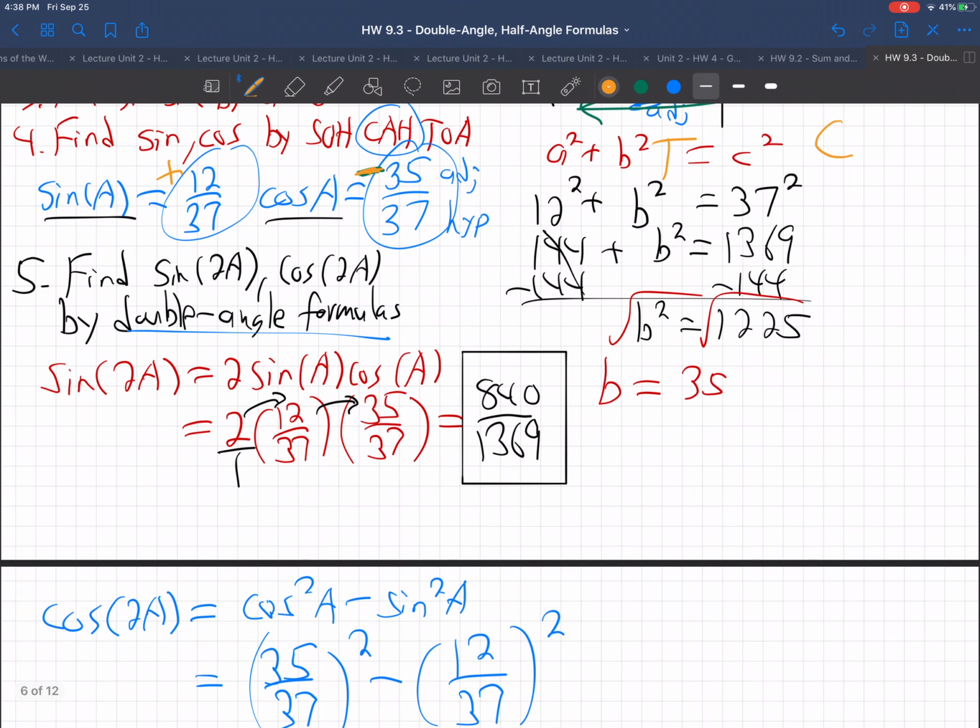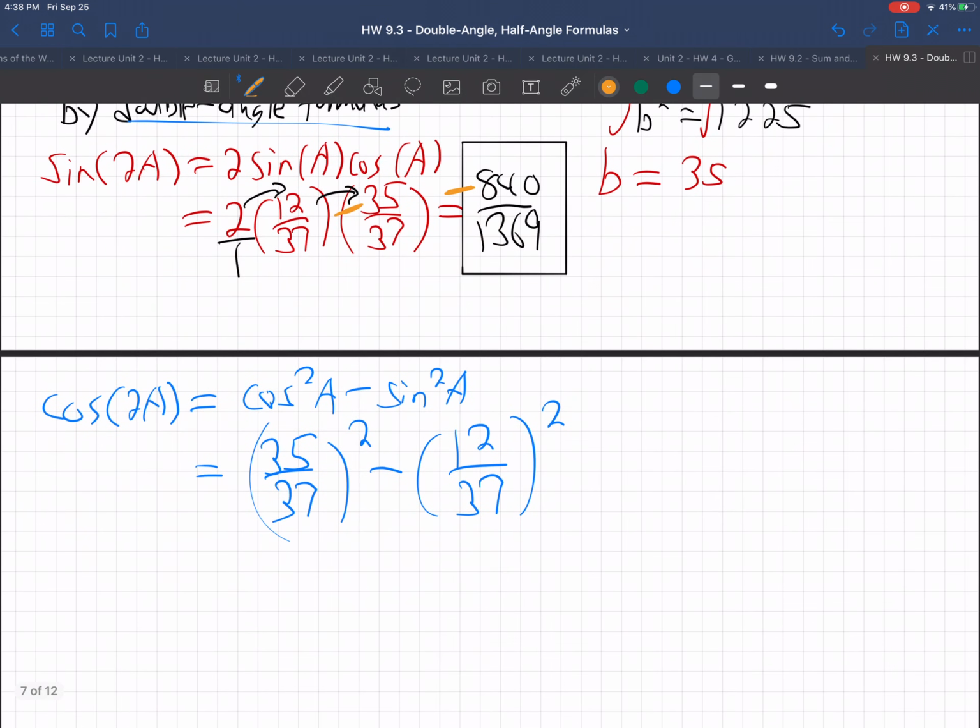So right here, this is a negative 35, so this comes out negative 840 over 1369. And the cosine of 2A, this again should be a negative 35, but it's not going to really matter here, is it? Because when you square that, the negative vanishes.